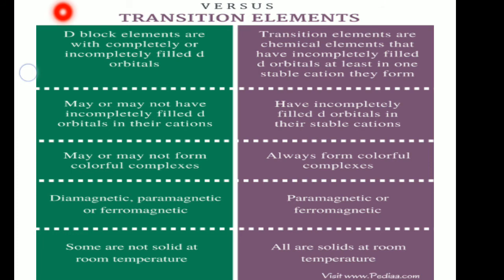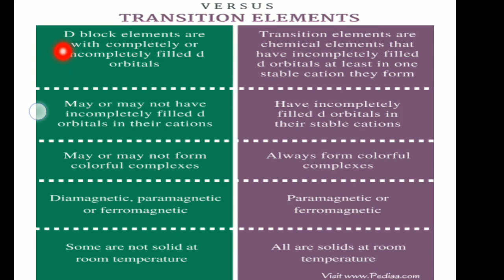D block elements may or may not have colored compounds. They have colored compounds and colorless compounds, but transition elements always form colored complexes with other ions.